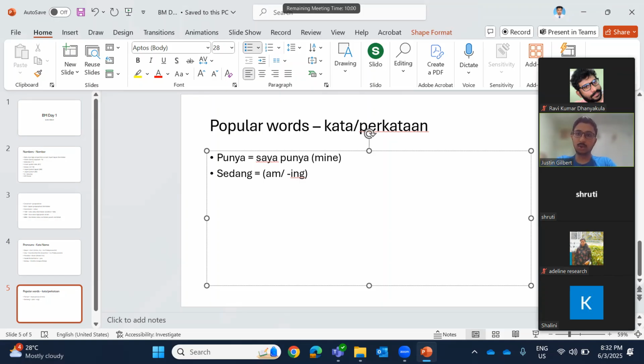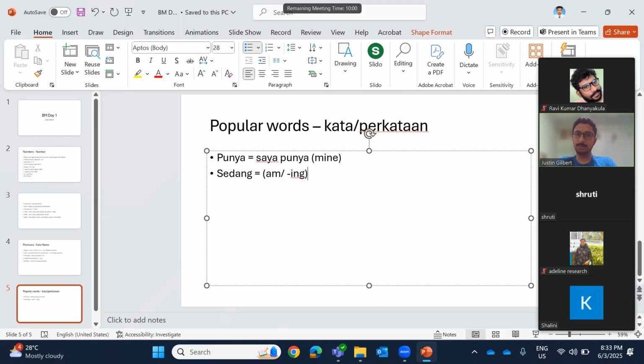Cooking, learning, sitting, walking. Some of these words, of course, have their own word in Malay. But to say someone is doing something, almost all the time we use the word sedang in front of it.